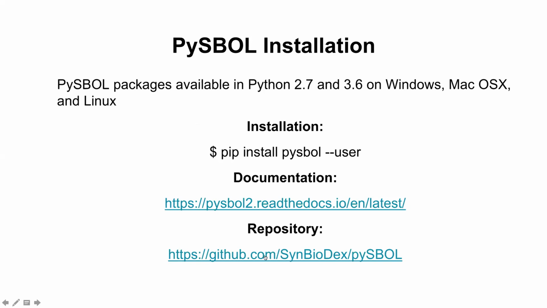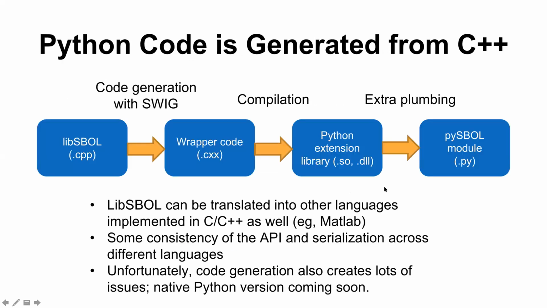There's also a GitHub repo where you can run the setup script and install an egg that way, which works some of the time, but sometimes those eggs are a little out of sync with the wheels that are on pip. Documentation I'll be talking about a little bit more.